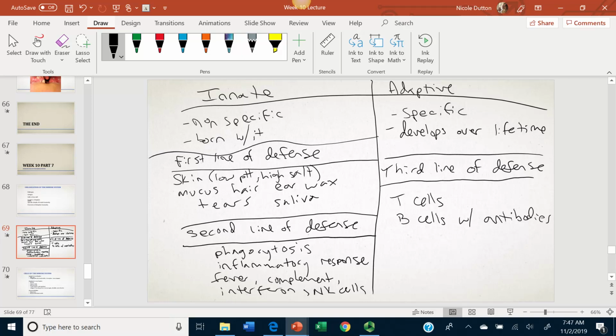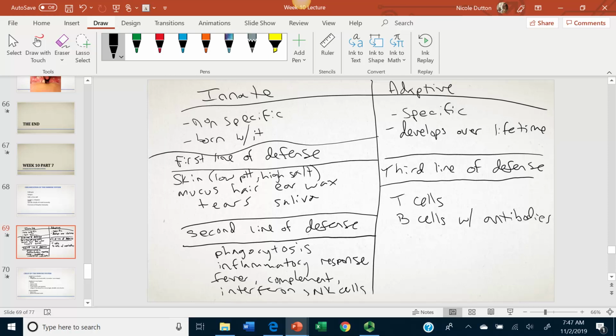But once you find that T cell or once you find that B cell, then it's going to be activated. You're going to have multiplication like crazy. So those cells are going to start to divide and divide and divide and divide and form this huge army of cells that are then going to go around the entire body and try to clear the entire body of that specific pathogen.